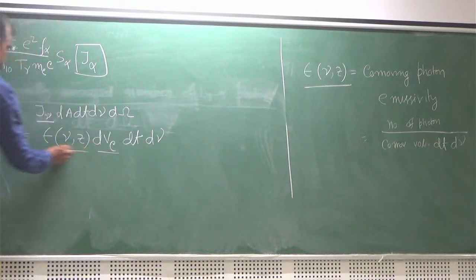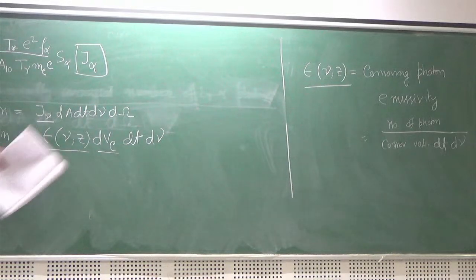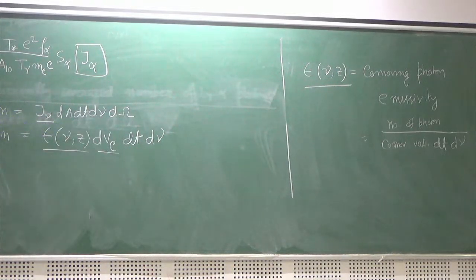This is defined as the number of photons per unit comoving volume, per unit time, per unit frequency. So these two quantities are the same.